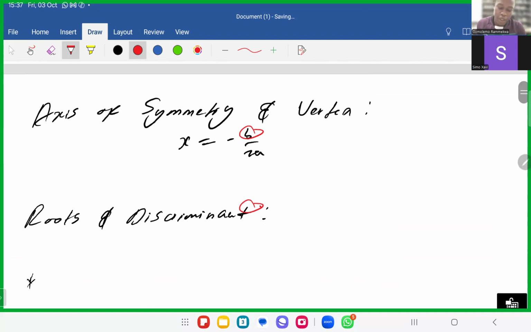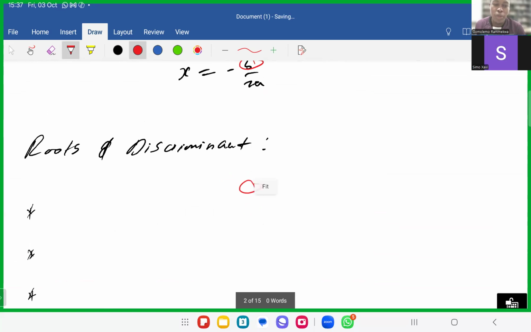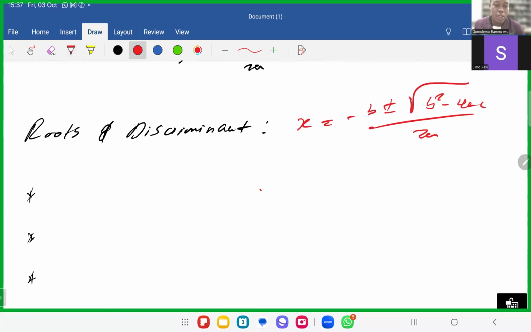Then we have the roots and the discriminant. To solve quadratics, we use the quadratic formula: x is equal to minus b plus or minus the square root of b squared minus 4ac, all over 2a. The discriminant is b squared minus 4ac, and it tells us about the roots.